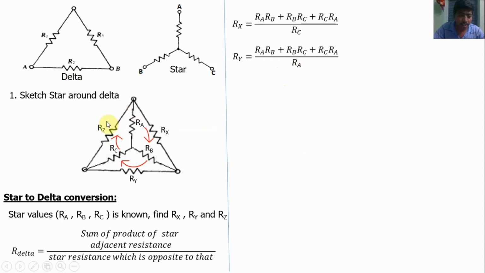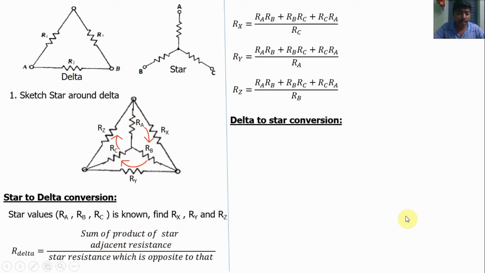Then Rz is the sum of product of adjacent resistances divided by the opposite resistance. Rb is opposite to Rz, so Rz is equal to Ra Rb plus Rb Rc plus Rc Ra divided by Rb. These are concepts. Don't memorize the Rx, Ry, Rz formulas separately. Just remember the concept.